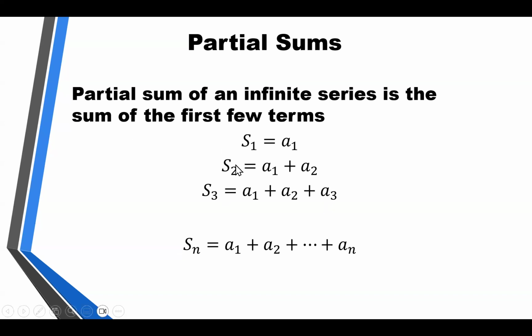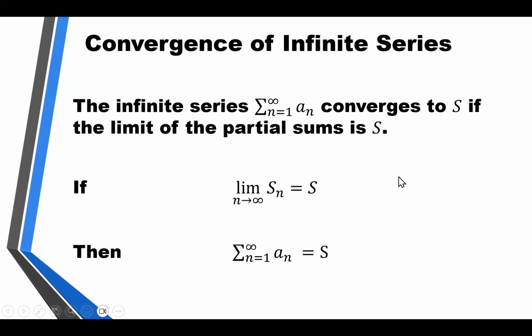So one tool we can use is looking at the partial sums and seeing what those are headed to, because the partial sums themselves will form a sequence and we can find the limit of that sequence. And that's what we look at.